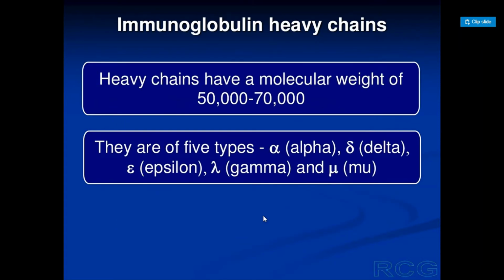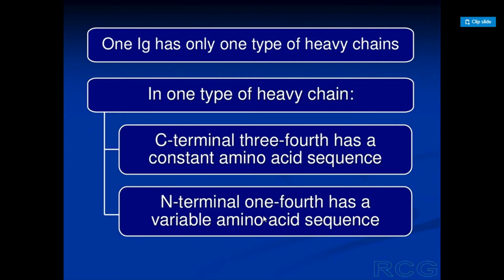The immunoglobulin heavy chains have a higher molecular weight than the light chains, so they are called heavier ones. They are around 50,000 to 70,000 daltons, and they are of five types: alpha, delta, epsilon, gamma, and mu. One immunoglobulin has only one type of heavy chain.